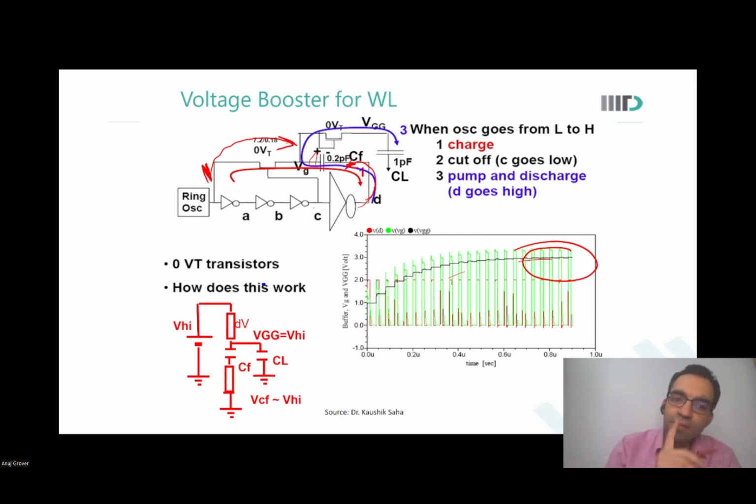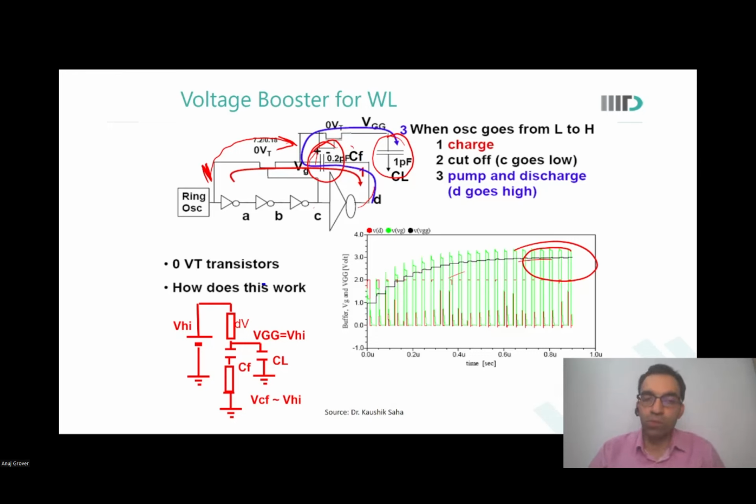So what is happening is, I say that there is this VGG. This is the equivalent circuit. There is a capacitor CS, this one, and this capacitor shares the load or pumps the charge onto the load capacitor, which is much larger.